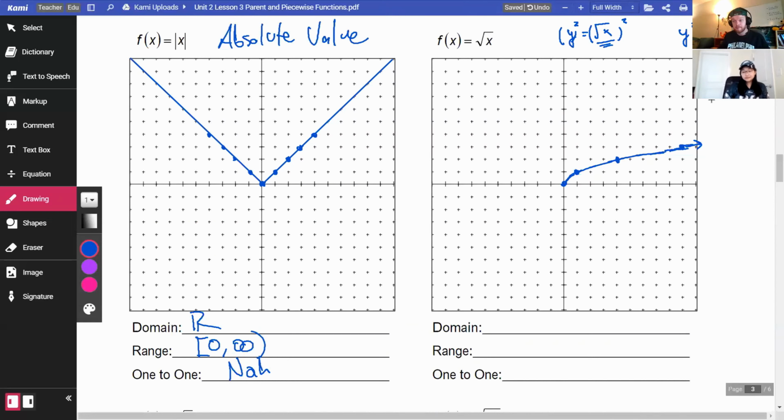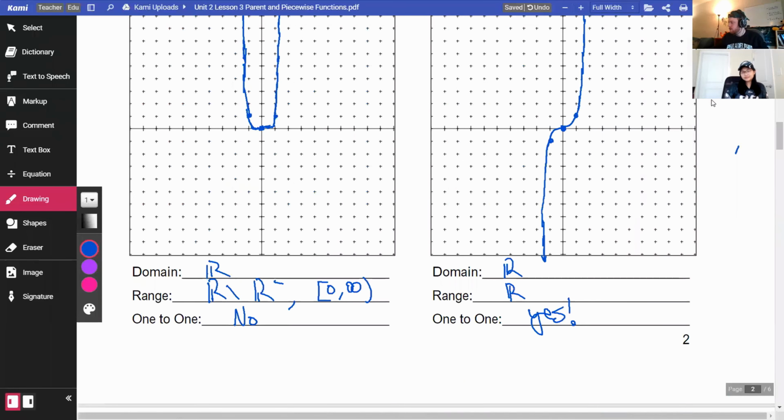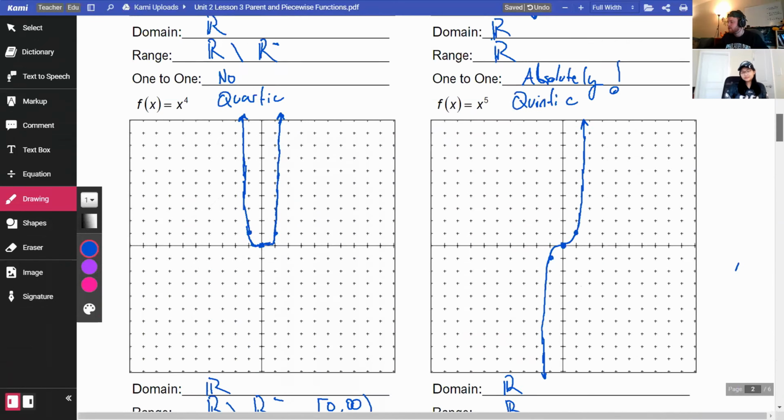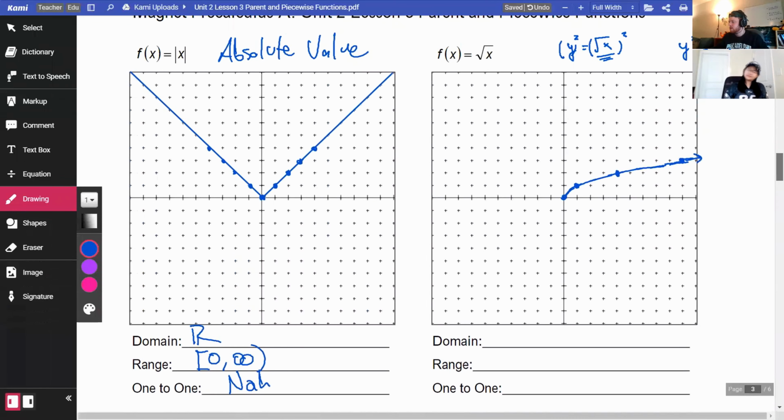But just a fun fact, this is a parabola, but only half of it. The negative half, actually. Well, it's positive here, but the part we're getting is the negative half of the parabola function. All right, domain, range and one-to-one.